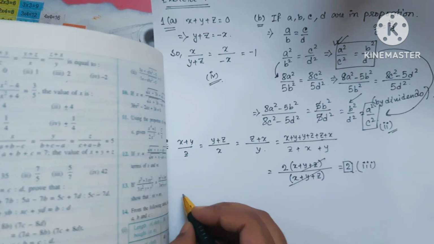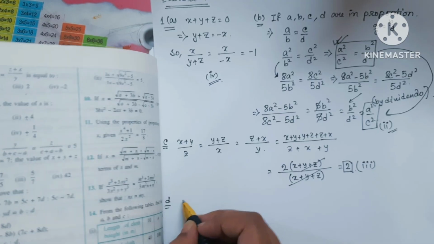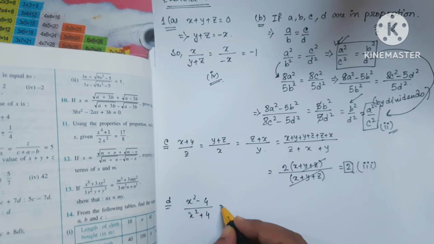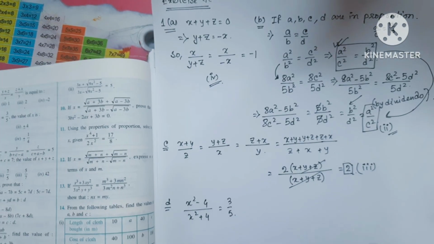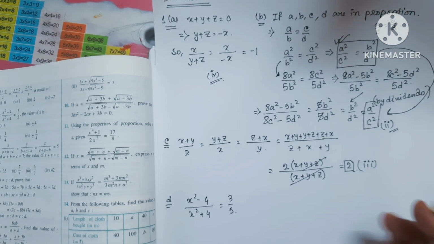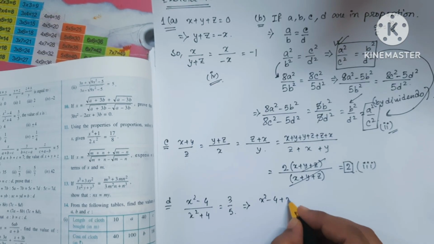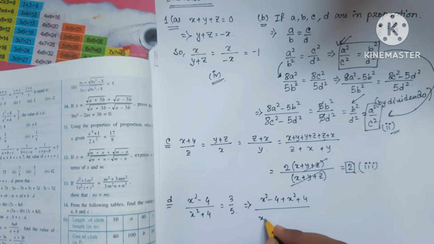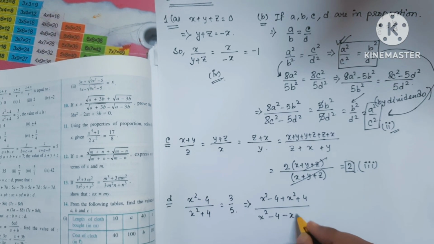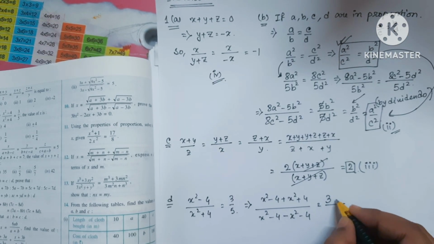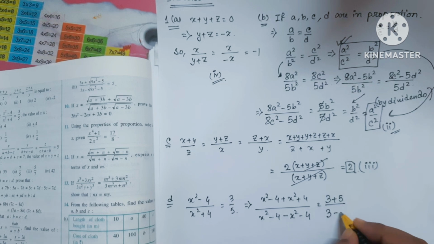Okay. Now question number D. If x square minus 4 by x square plus 4 equal to 3 by 5. Now you can use componendo dividendo here. So using componendo dividendo, x square minus 4 plus x square plus 4 by x square minus 4 minus x square plus 4 is equal to 3 plus 5 by 3 minus 5.